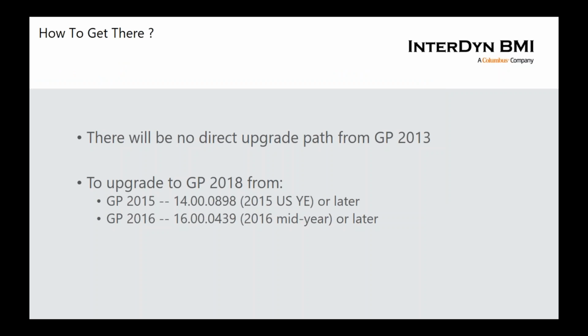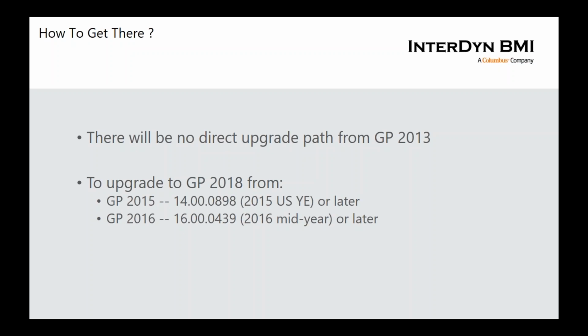If you happen to be on an older version of Dynamics GP and you're sitting in to get a sneak peek of what version 2018 looks like, perfectly fine. You might be interested in this slide. If you're on 2013 or older, there's not a direct upgrade path, but of course we can get you there, going from 13 to 15 or 13 to 16 to 18.